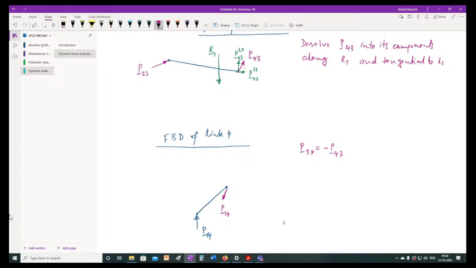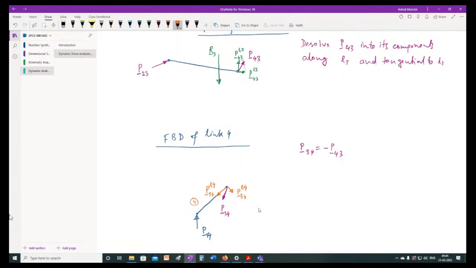Okay, again we will dissolve this P34 into two perpendicular orthogonal directions. One of the force is this one. We will call this force P34 along the length L4, and we'll have another component, this one, which is P34 tangential to link 4.